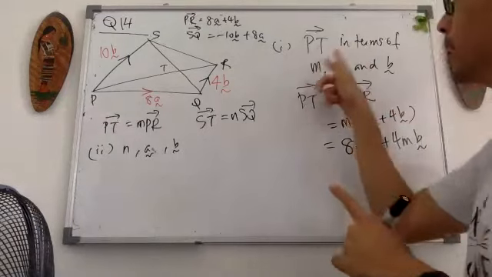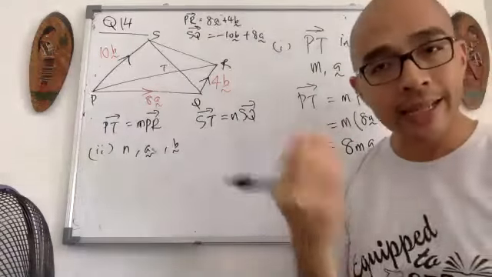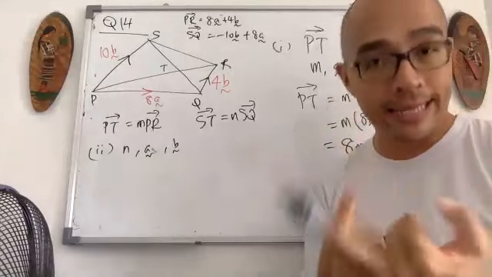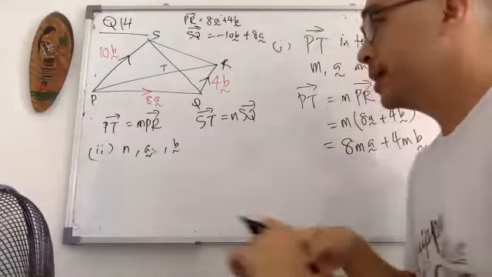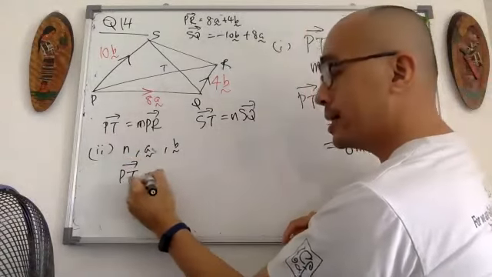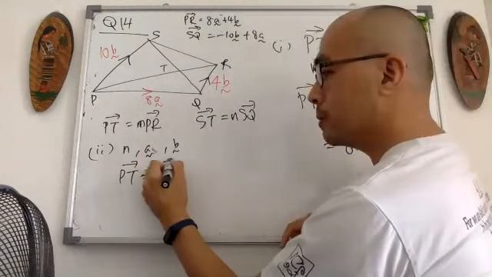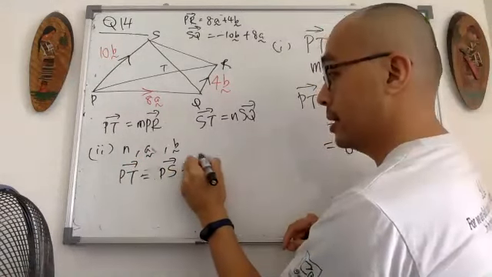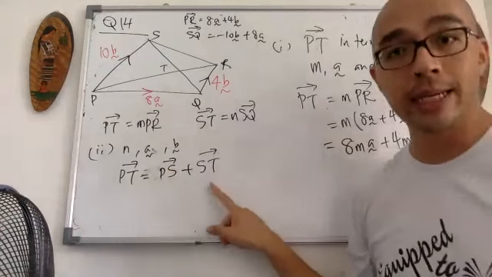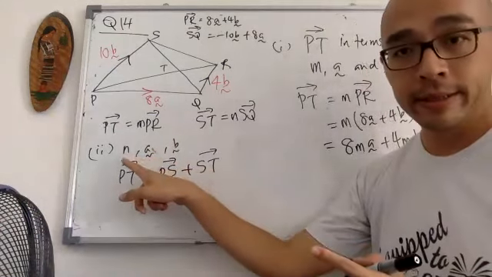The question is still PT in terms of this one. That means we have to kaitkan PT and ST somehow. So this will give us PT equals to PS plus ST, so that we can put the ST inside here. We want the ST to be in there because itu ada N.